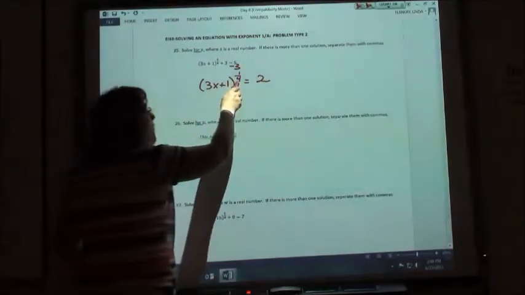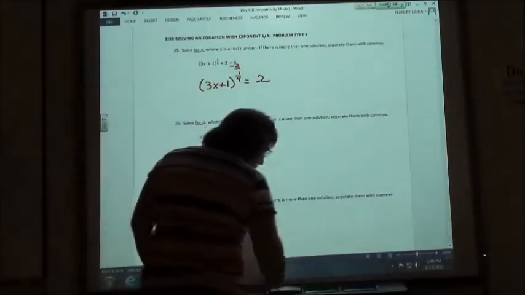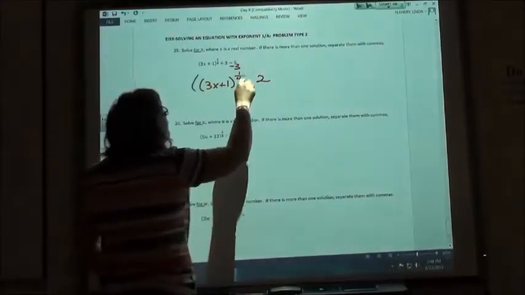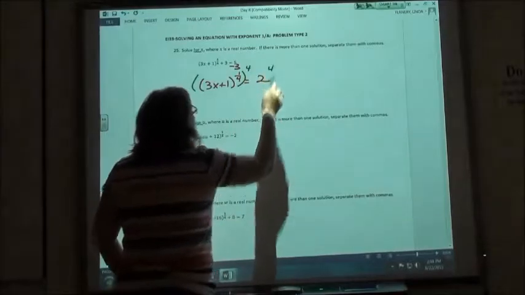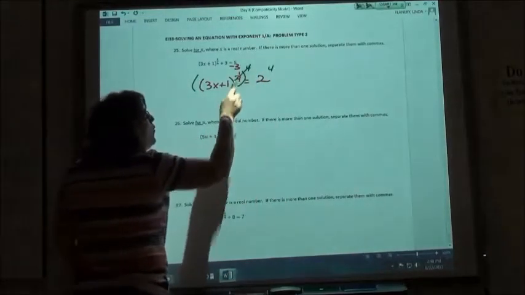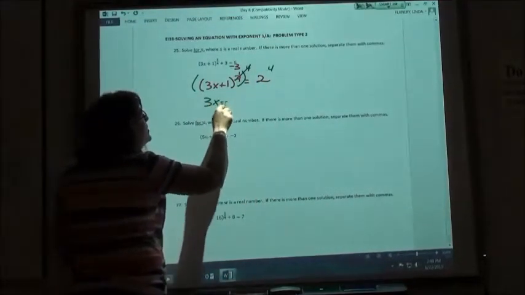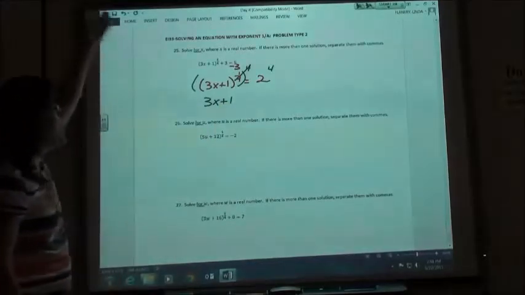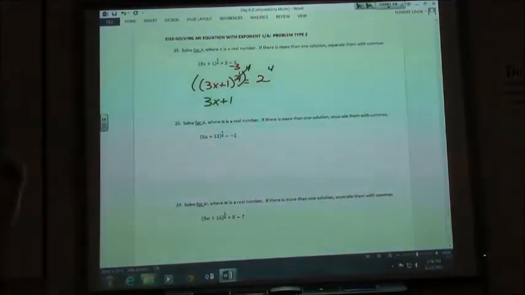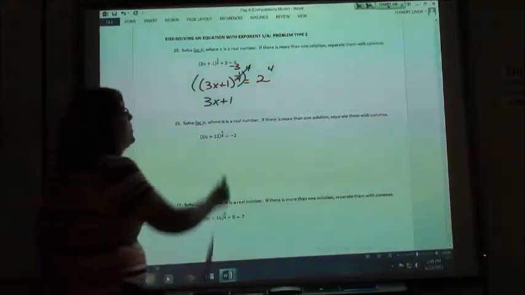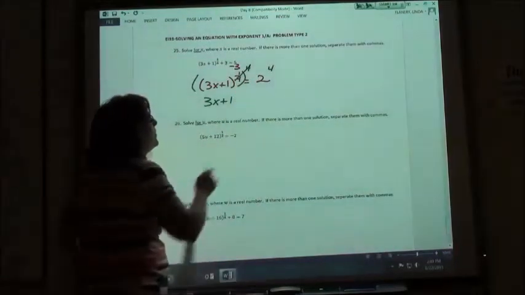Since this is the fourth root, I'm going to raise both sides to the fourth power. 1/4 times 4 just gives us that 3x plus 1. So it works the same way we did when we had the radical, since we have that unit fraction there. But what you're really doing is multiplying by the reciprocal.